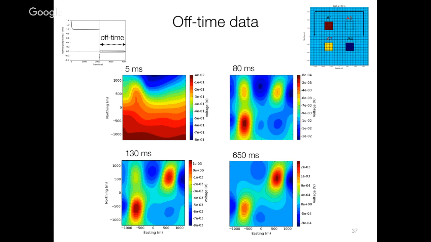If I look at the off-time data, then depending upon what time channel I'm going, I've got different images. So here's 5, 80, 130. Those induction effects are kind of moving through this whole signal. At late time, I see that these two objects here are shining out. Remember, those were the two chargeable bodies.